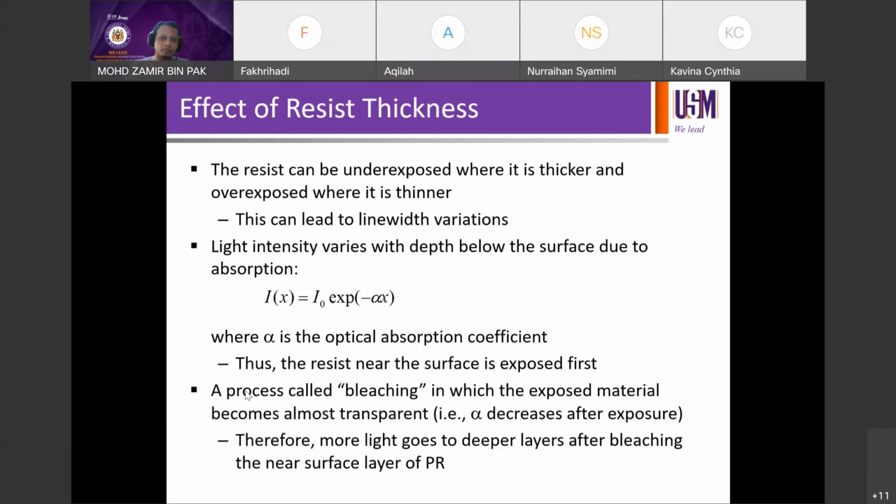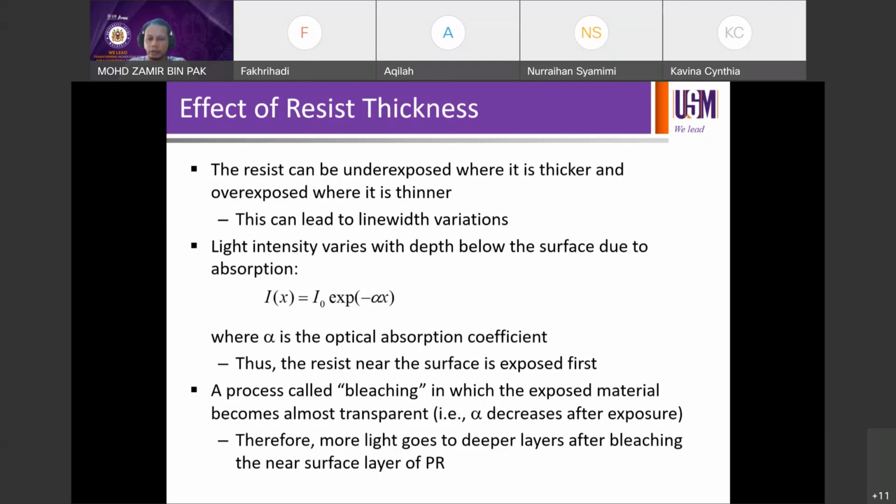Okay, so when you talk about the effect of resist thickness, there'll be issues where you have thickness variation on the wafer, in particular if you have a coverage problem, just like what I showed on the previous slide. So that will result in non-uniform exposure during the exposure step.